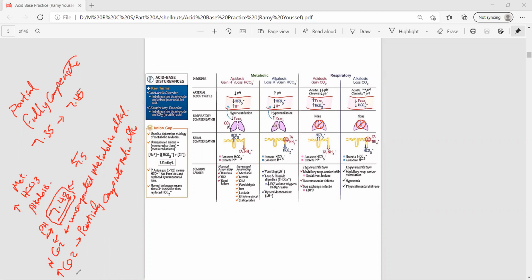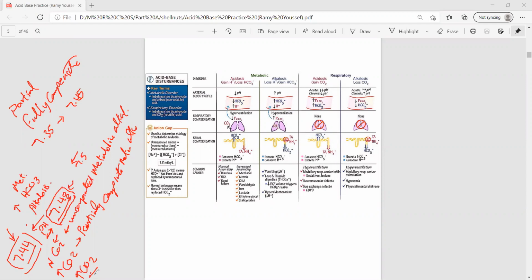If I found CO2 is high, but I found the pH 7.44. Is this normal or not normal? 7.44, normal or not? Normal. 7.44 is normal.